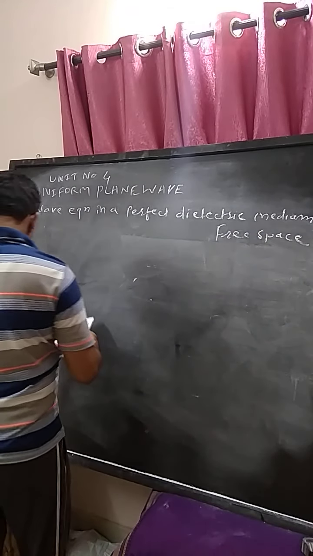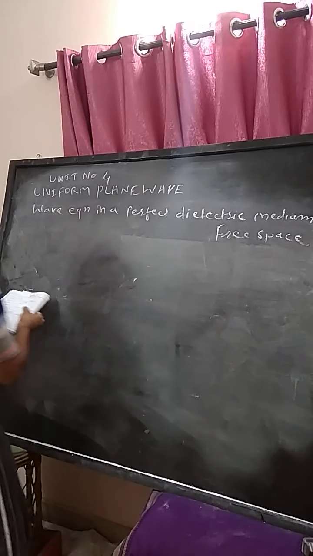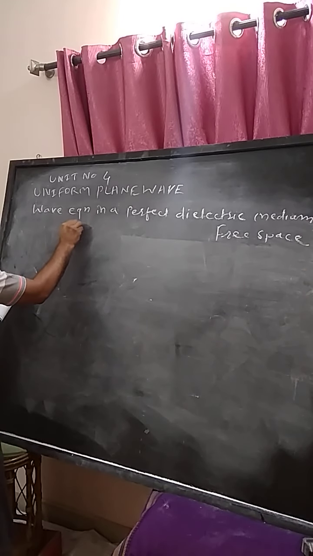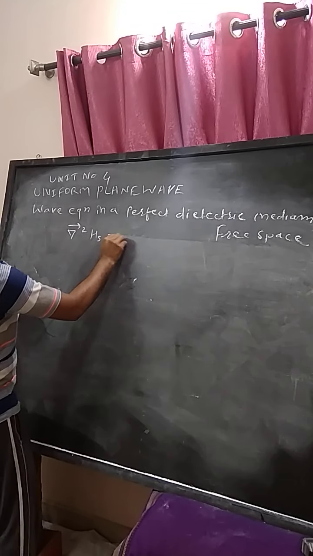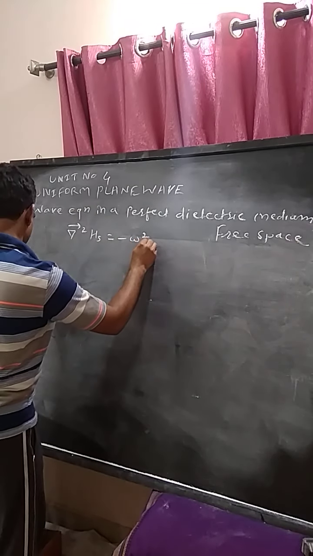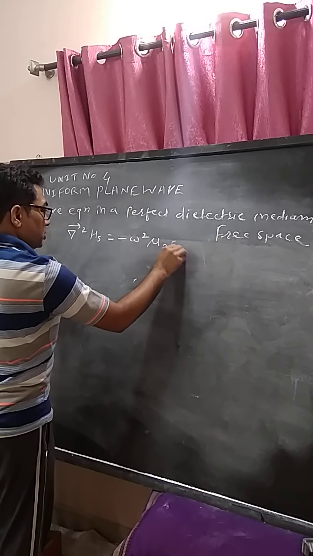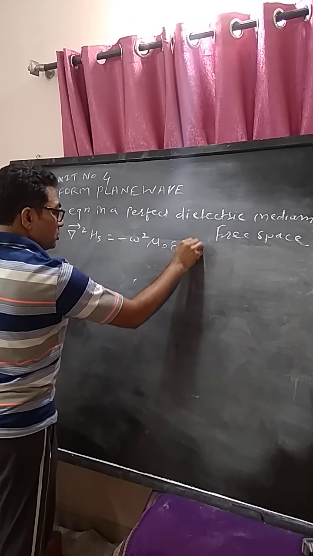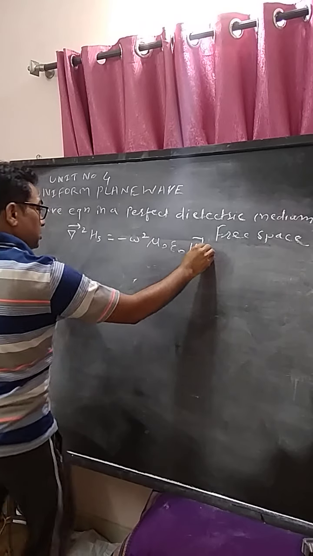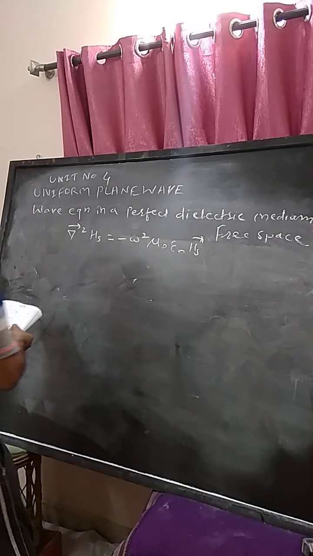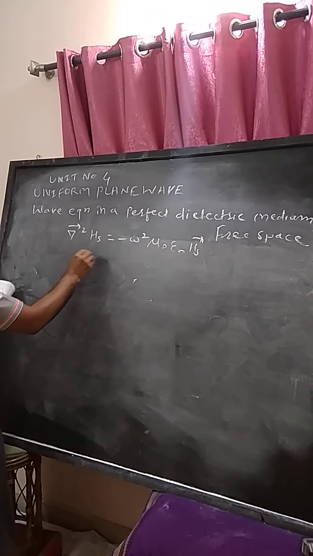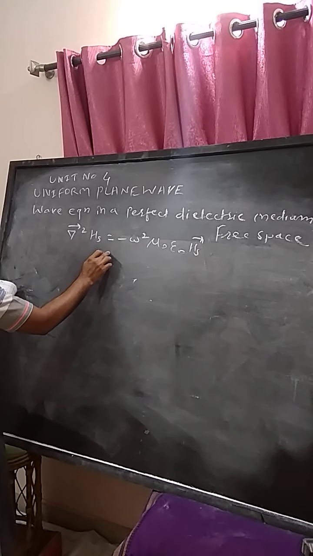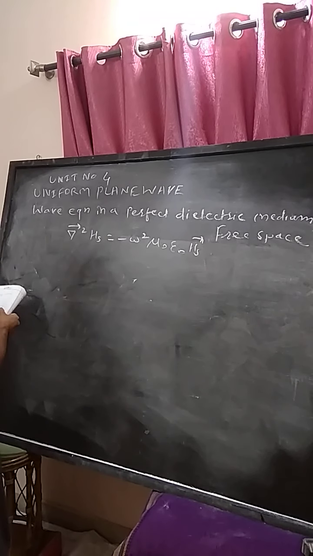The first equation is curl square Hs equal to minus omega square mu 0 epsilon 0 Hs. This equation is for magnetic field intensity in perfect dielectric medium.